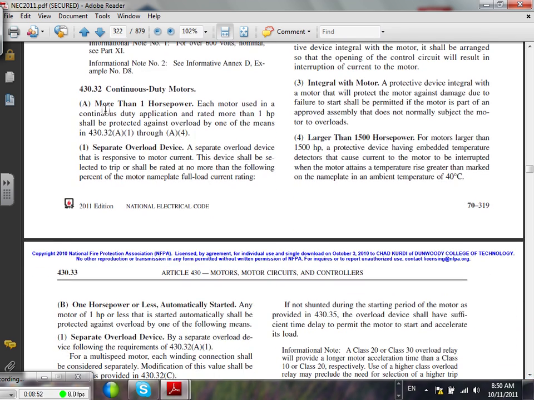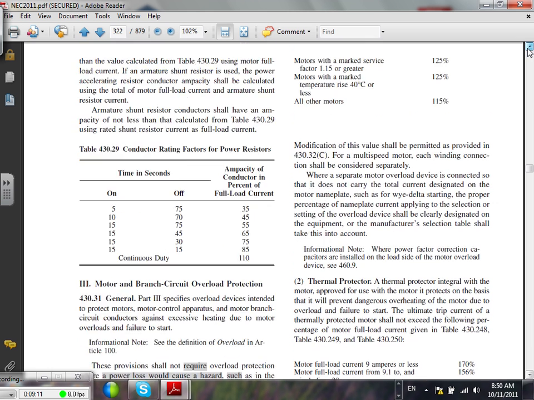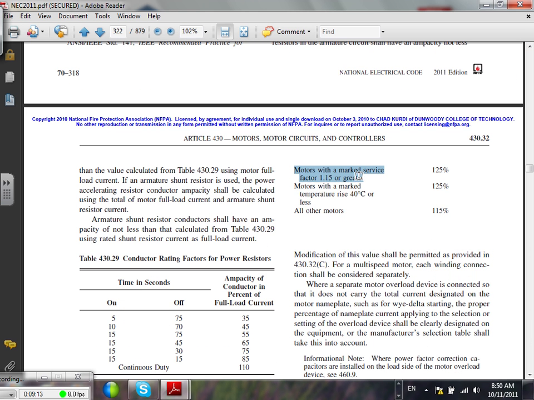The other one I want you to highlight is 430.32, continuous duty overload, and in particular A. Please highlight this if you have not done so.